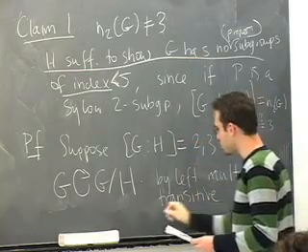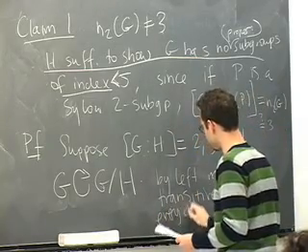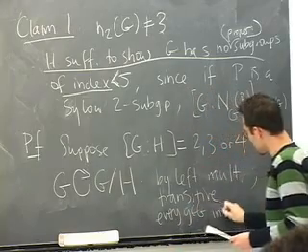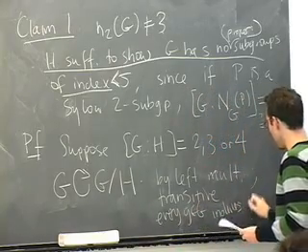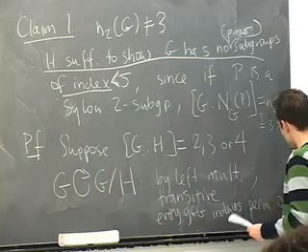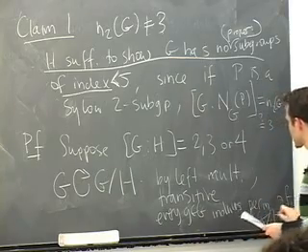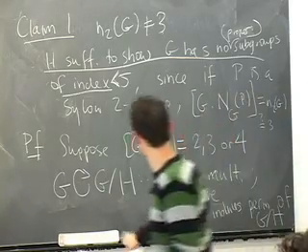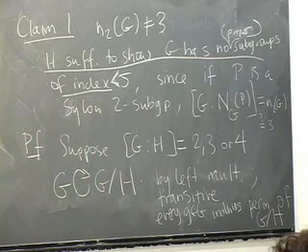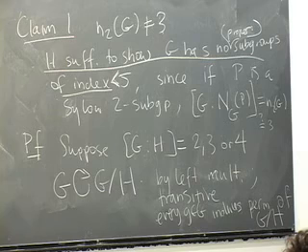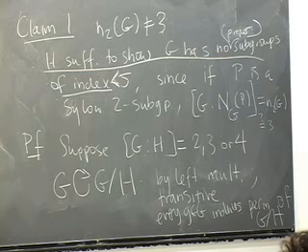And every g in G induces a permutation of this coset space, G mod H. So in effect, the natural action of G on G mod H gives us a homomorphism from G. You have to verify that this thing really is a homomorphism, but that's not hard.